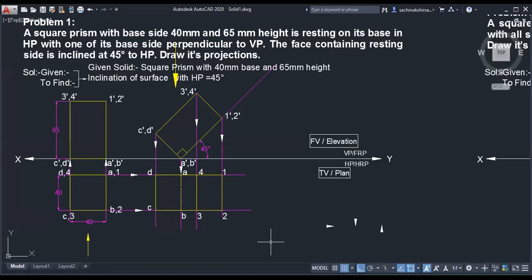Have you understood? Say yes or no. Have you understood? Roll number 3, have you understood? Say yes or no. Shivani actually.